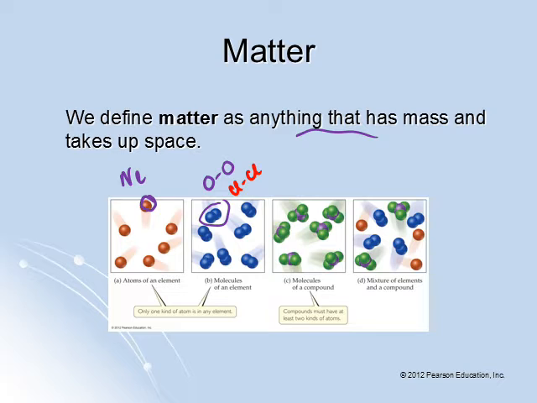So we're showing you in this picture molecules of an element. So elements could be single atoms in a gas phase like helium, neon, argon, krypton, xenon, or the same elements can be bonded together to give you a molecule of that element, which would be hydrogen, nitrogen, chlorine, fluorine, bromine, iodine.